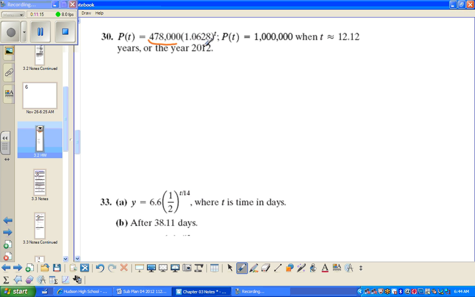That's going to give you a base of 1.0628 raised to the t. Now you're asked at that rate, when will the population be 1 million? Set that equal to 1 million and solve. Solve by whichever means you feel you can do that, whether it be using logarithms or graphing the functions and seeing where they intersect.